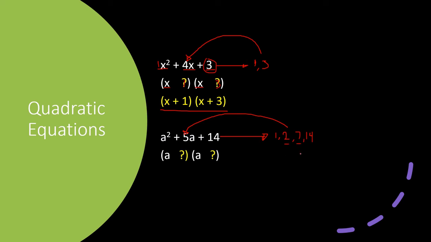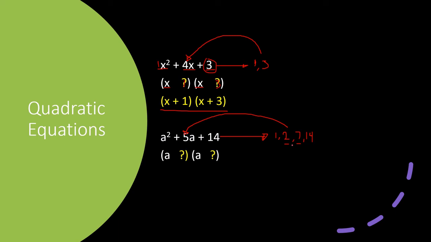This is a little harder because we actually have to not add but subtract. We can only add or subtract. In this case, we're going to subtract the 2 and the 7 so that I can get a positive 5. I cannot do 2 minus 7 because that will give me a negative 5, and I'm looking for a positive 5.